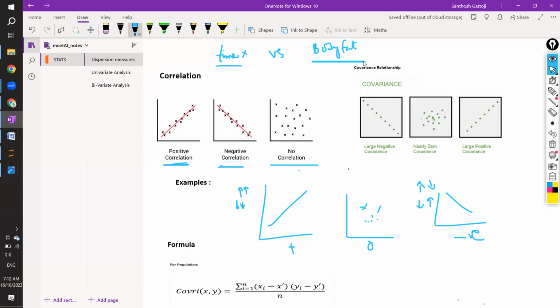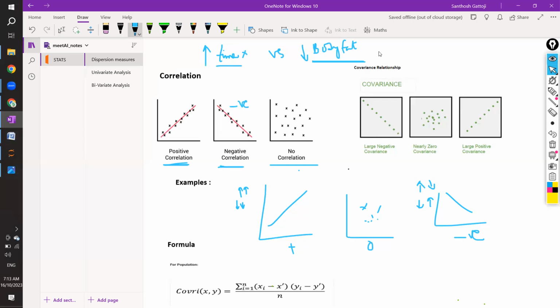Yeah, if you put more effort, it may decrease body fat. No, just tell me positive, negative, zero. Negative. Okay, if you spend more time, the body fat will decrease. That means there is a negative correlation.